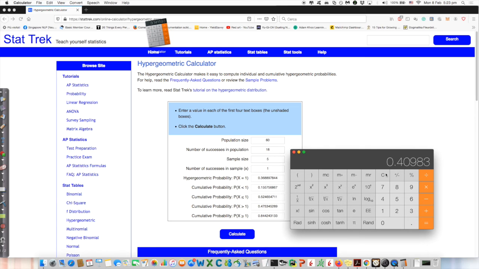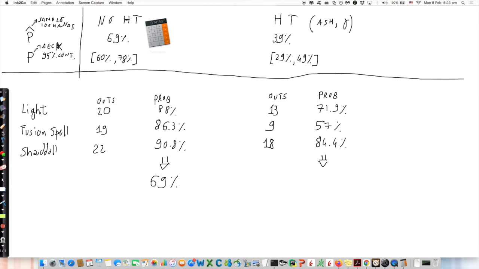Yeah, it's there. And we get 34.6%. So let's write it here. A little lower than this, but we were more conservative.